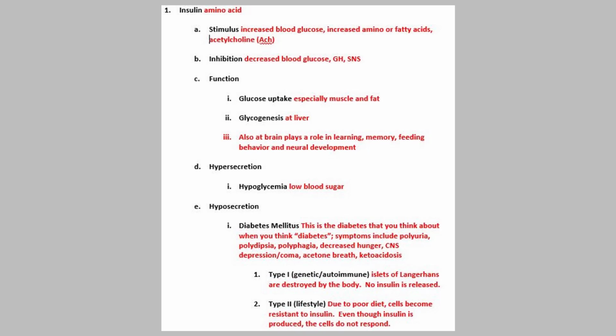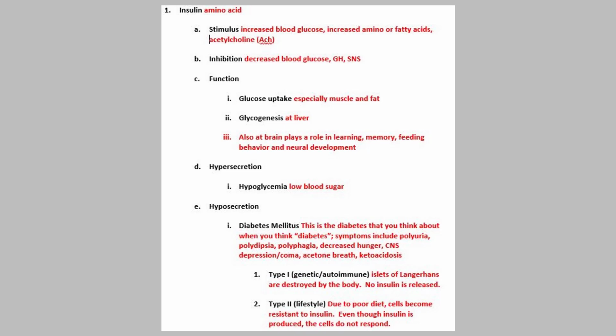So diabetes mellitus, there's two categories. There's type 1, which used to be called juvenile diabetes. It's not anymore. That's not really a proper term. But type 1 diabetes mellitus and type 2 diabetes mellitus. Type 1 is usually genetic. It's a type of autoimmune disease.